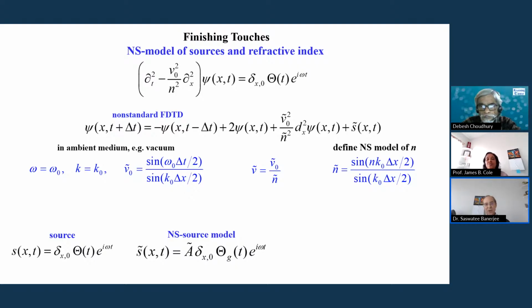So in a practical case where we have a wave equation with a certain index of refraction, we will change the source amplitude to something different from the physical source, and we will change the index of refraction to something different from the physical index of refraction. Again, I won't derive this, but I can show you further details later on, or we have references about this.